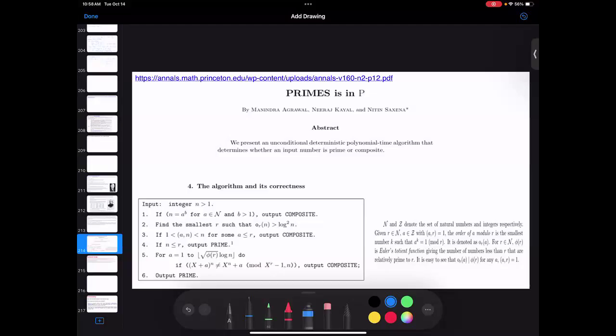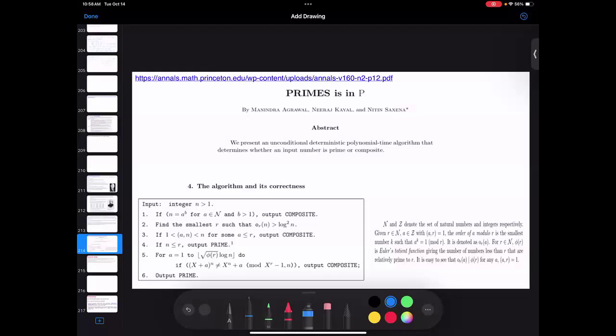If the GCD of n with a is greater than 1, n can't be a prime number. And what this is telling us is we only have to check a up to this number r, which isn't too big. And then we basically do something. We look at (x plus a) to the n, and is that congruent to x to the n plus a mod x to the r minus 1 and n?